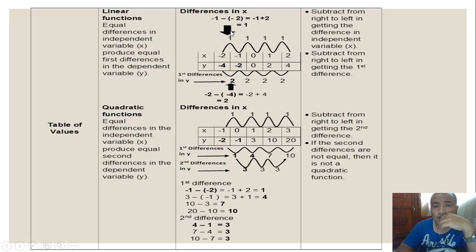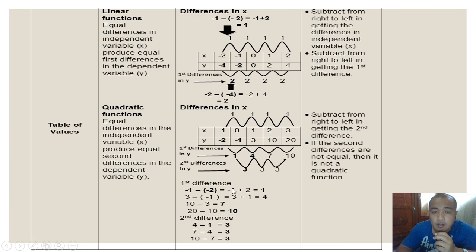So equal ang kanyang first differences in x and first differences in y. Whereas in the quadratic function, when given the table, there are equal differences in the variable x, while it produces equal second differences in the variable y.